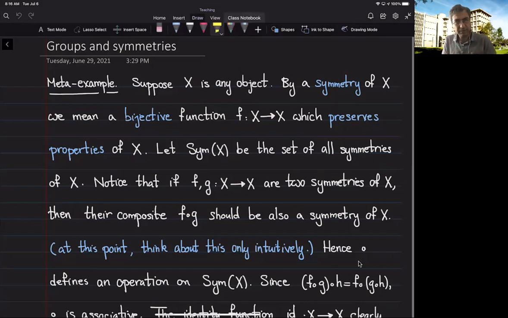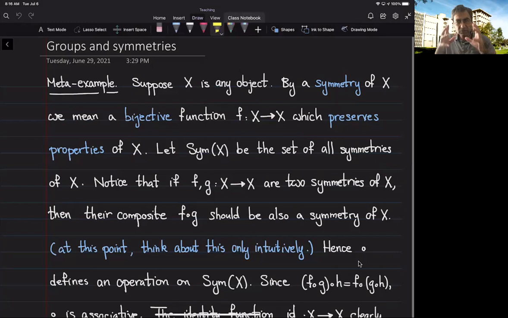Now, whatever that means, in each case, we are going to look at it separately. So when we say F is a symmetry, it is bijective and it preserves properties of X.